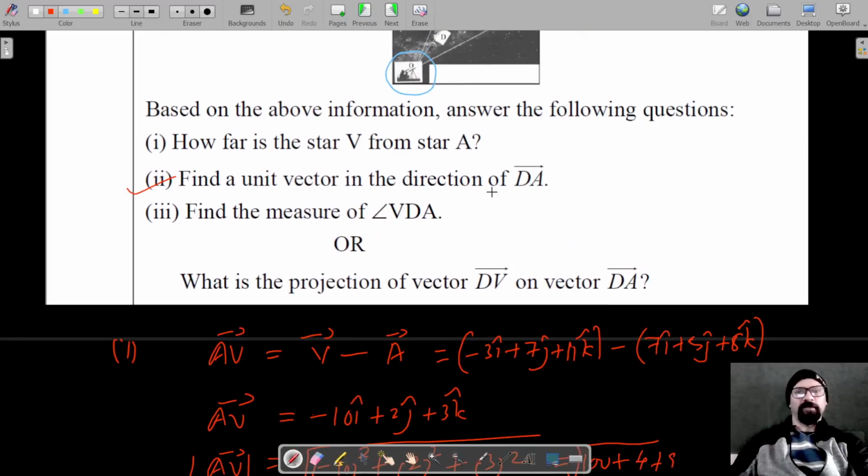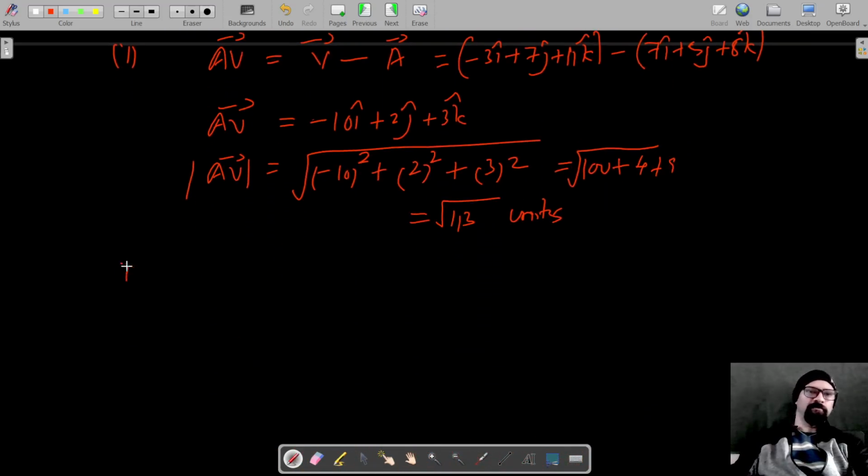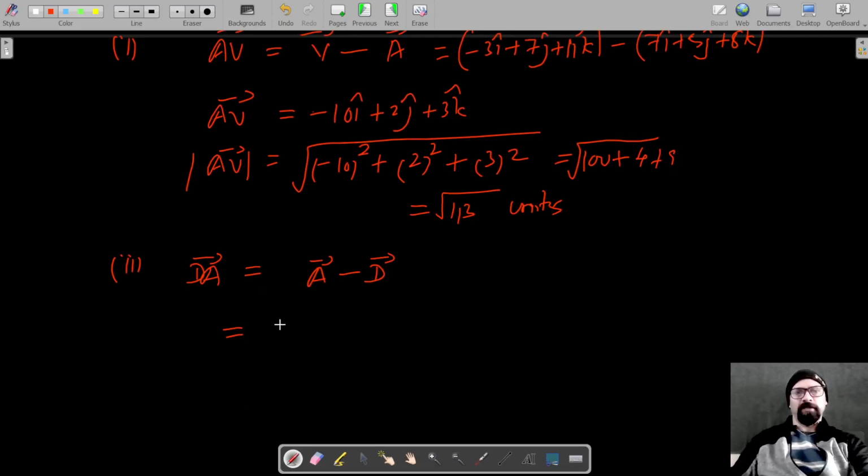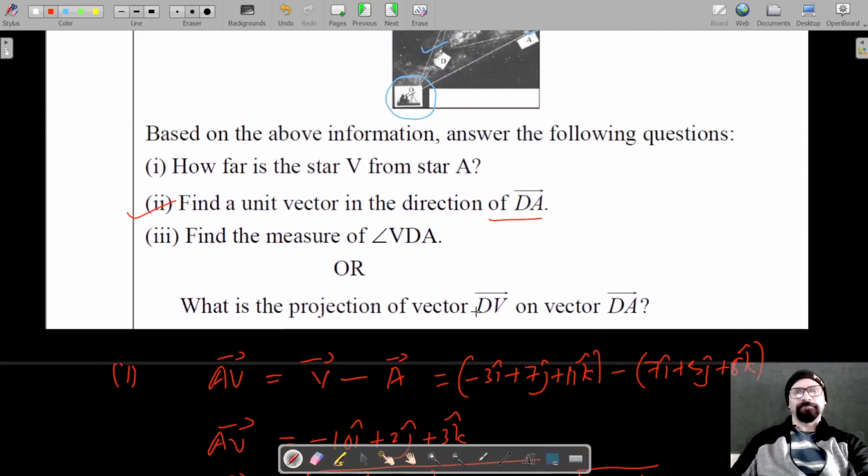Now we have to find the unit vector in the direction of vector dA. So let's find out the dA vector first. That would be the position vector of A minus position vector of D. Now position vector of A is 7i cap plus 5j cap plus 8k cap minus D vector.